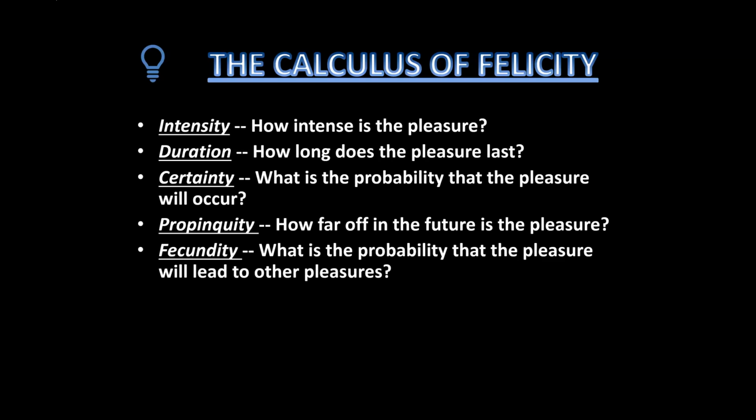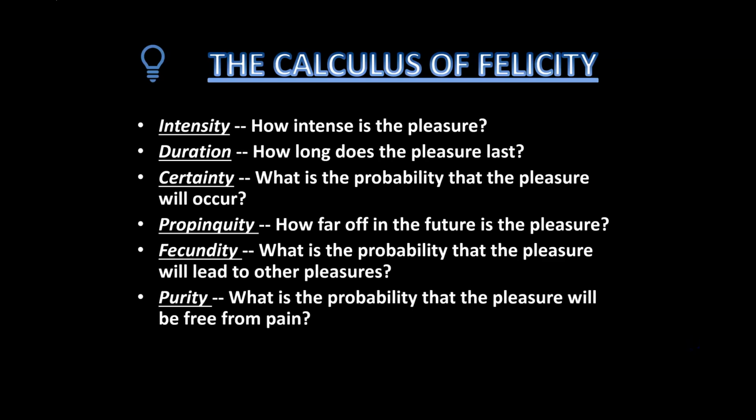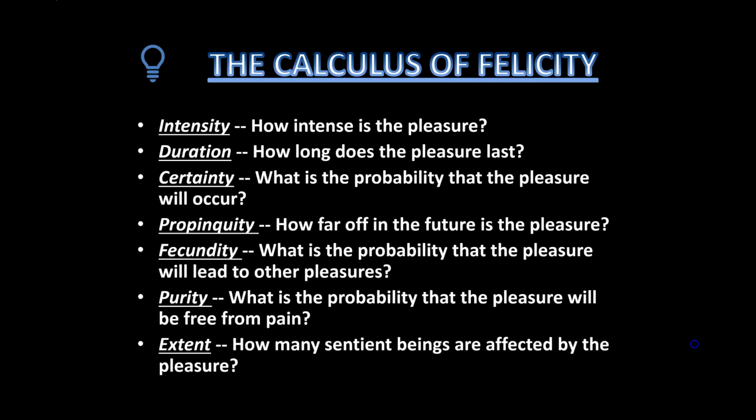Like, is it fertile, right? Can it generate more and more pleasures? Purity. What's the probability that the pleasure will be free from pain, or is it a mix, right? If I do action B, how pure will the pleasure be, right? Or is there some pain mixed in there too?